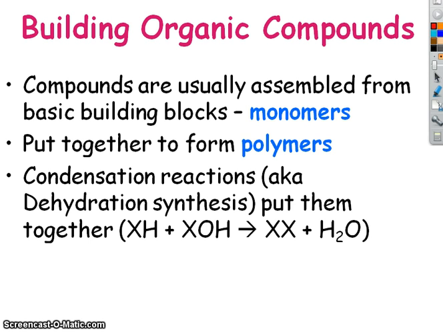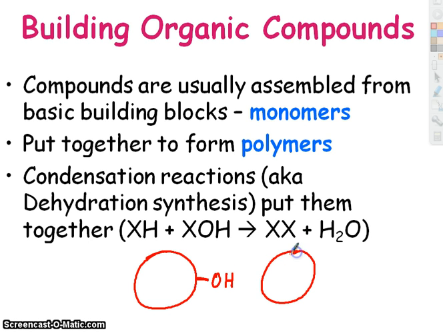And the reason why, if we look at it, is that you're going to have something, and in the lab you may have drawn it more complicated than this, but let's just say it has an OH sticking off of it. And then you have some other thing that also has an OH sticking off of it.